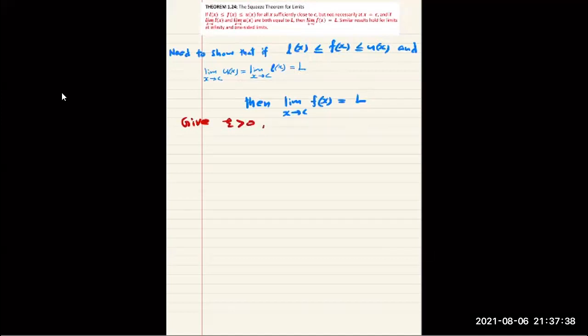Then for any given epsilon greater than 0, since this limit is equal to L, I can write the formal definition for that limit statement. What is the formal definition?